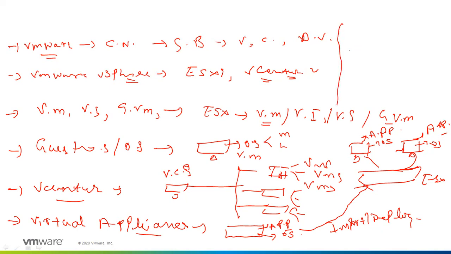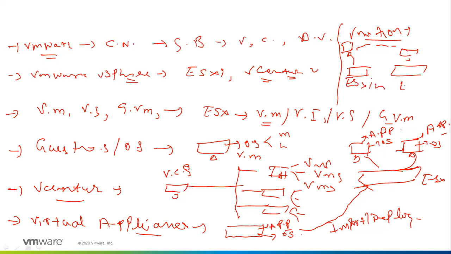There are a lot of terms that will come. Some of the basic terms: vMotion. When we say vMotion, it means that a virtual server or virtual machine is moving from one ESXi host to another ESXi host. That's what we call vMotion.